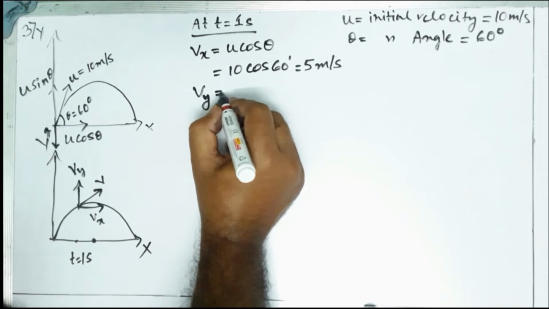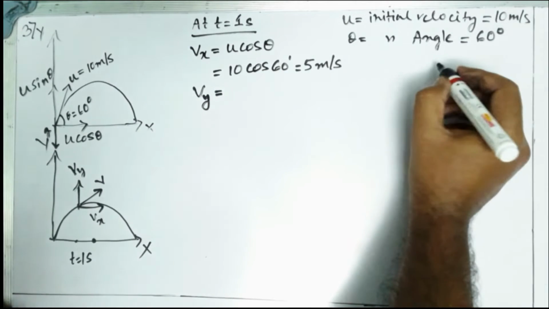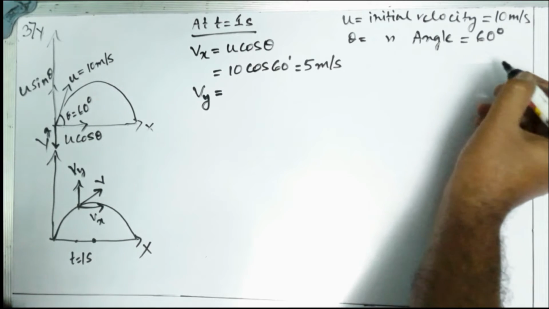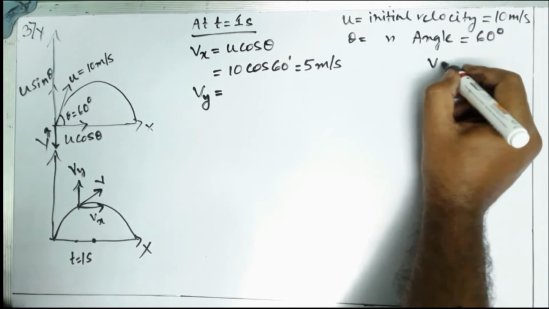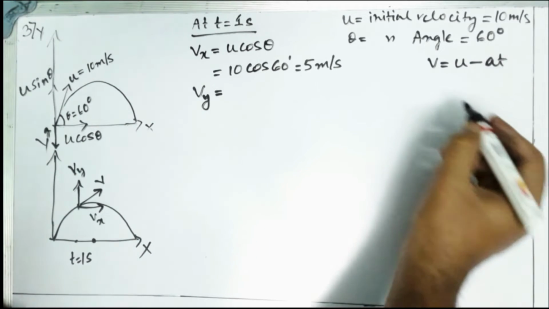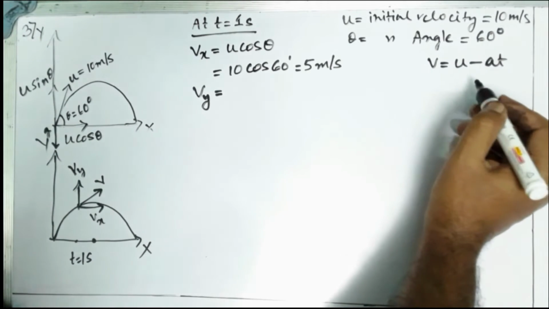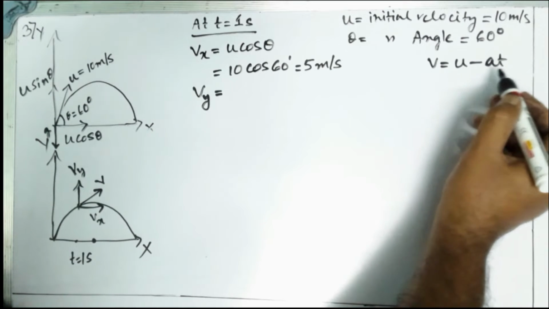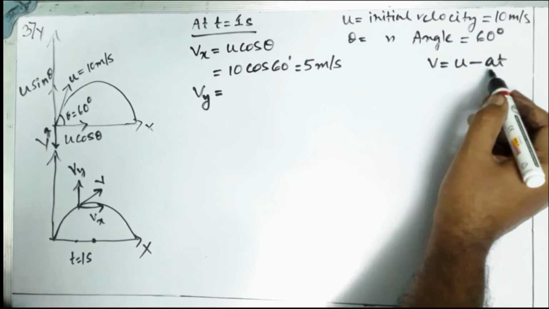We derive this component using the one dimensional motion equation, v is equal to u minus at, where v is final velocity, u is the initial velocity, a is the deceleration and t is time.